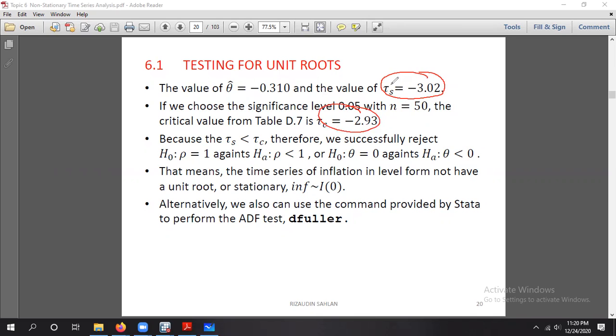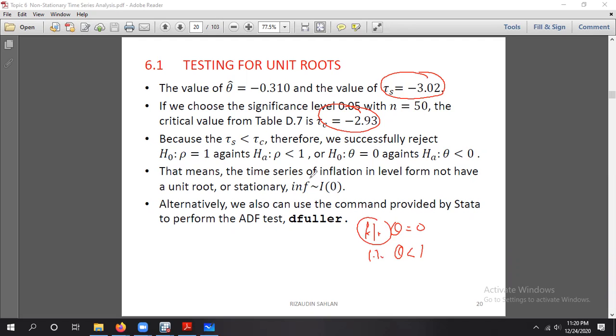So of course, it's very clear that negative 2.93 is larger compared to negative 3.03. So we successfully reject the H0. H0 is that theta is equal to 0, and HA is that theta is less than 0, meaning that H0 is rejected.